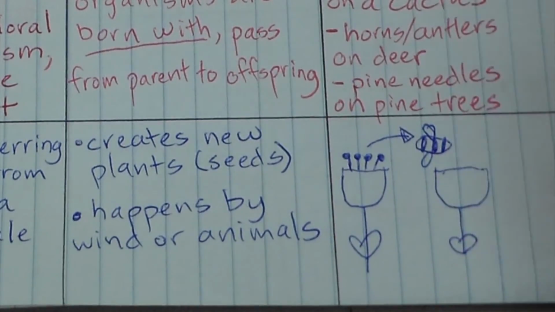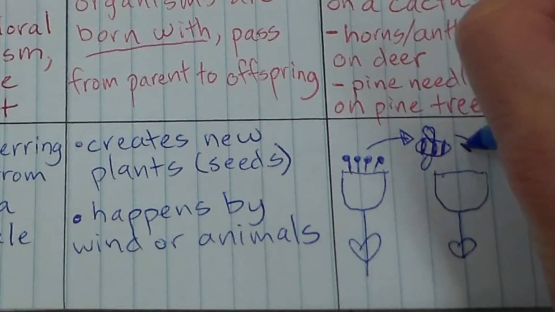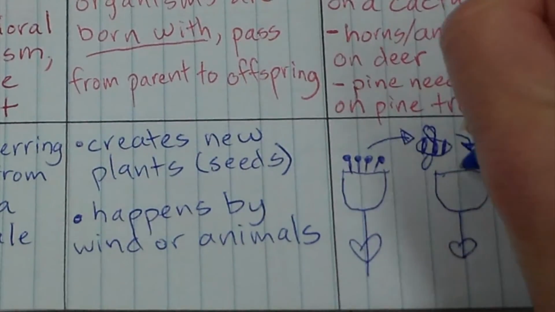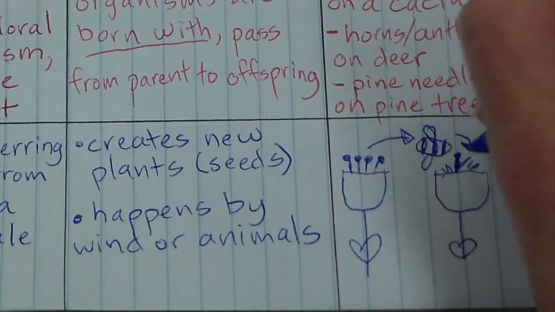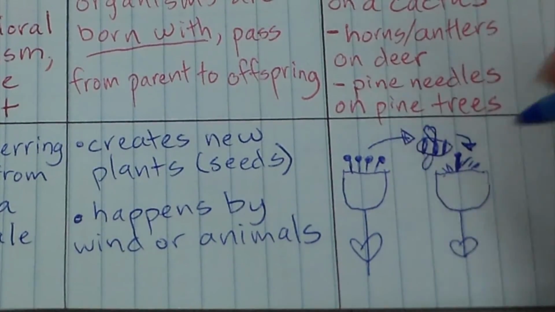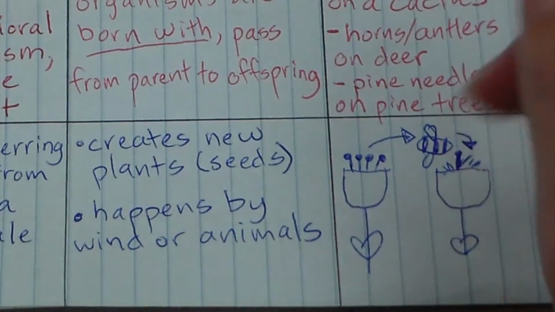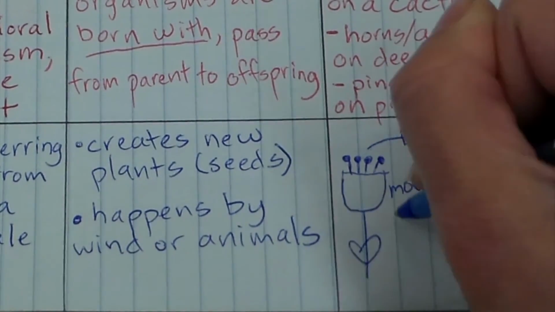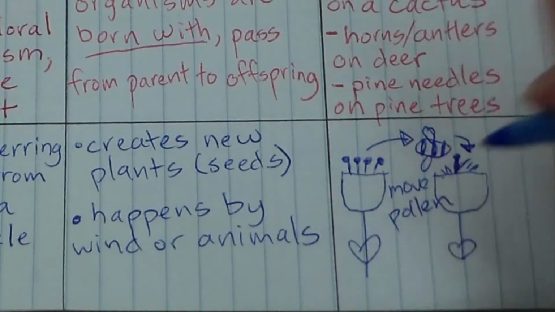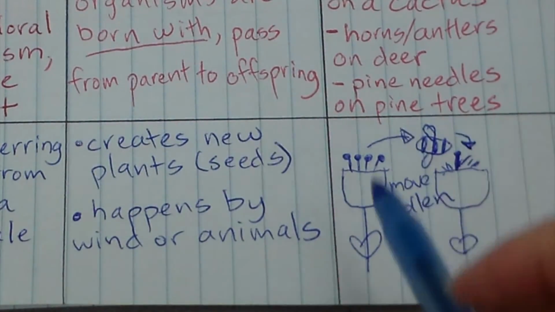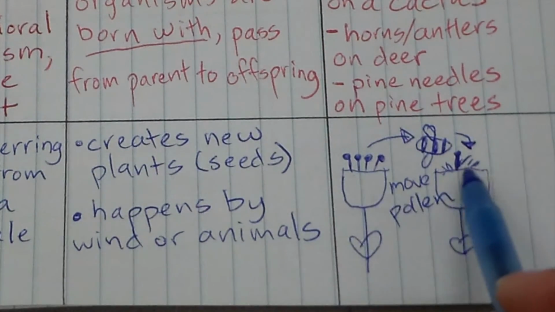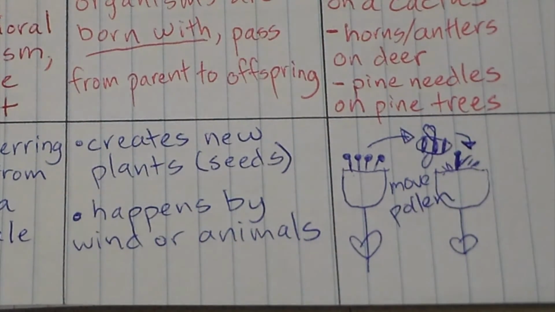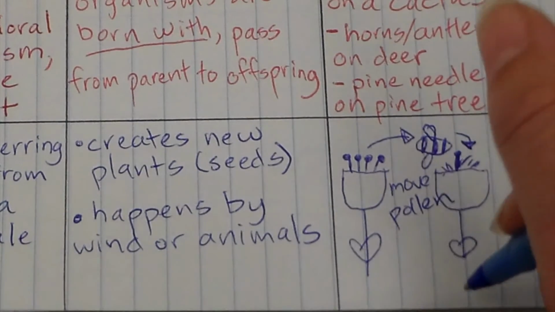So here's my happy little bumblebee, and the bumblebee is going to come over to another flower, and then there's this big kind of skinny part that's in the flower called the stigma. So the bumblebee is going to move pollen from one flower to another, and that process of moving pollen from what's called the anther to the stigma, that is the process of pollination.